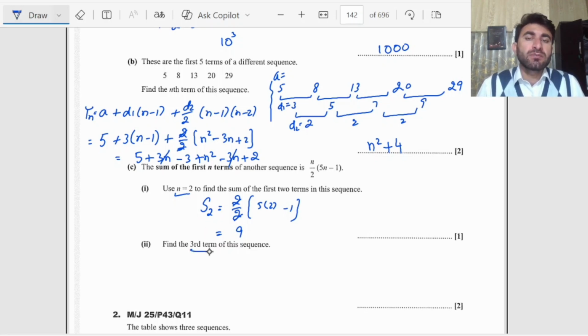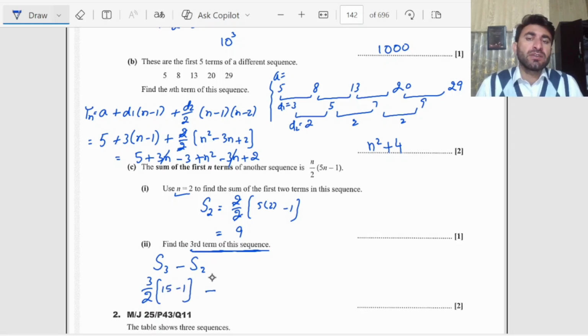Find the third term of this sequence. So in order to find the third term of this sequence, we shall subtract the sum of two terms from the sum of three terms. So in order to find the sum of three terms, we replace n with 3. So it becomes 3 upon 2 times (5 times 3, which is 15, minus 1).